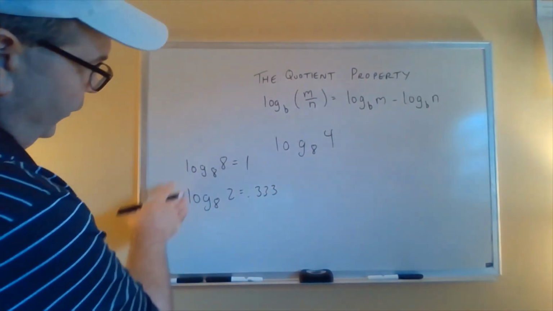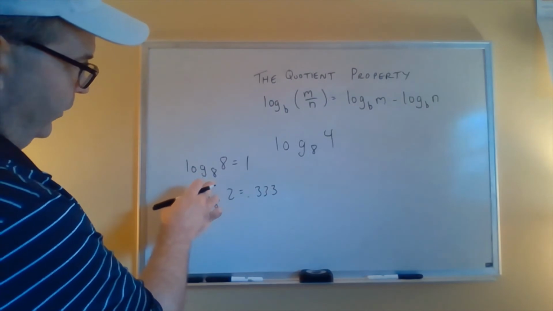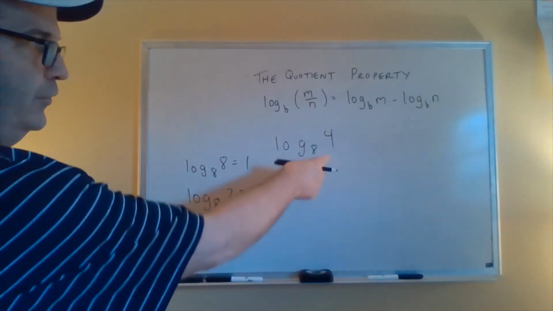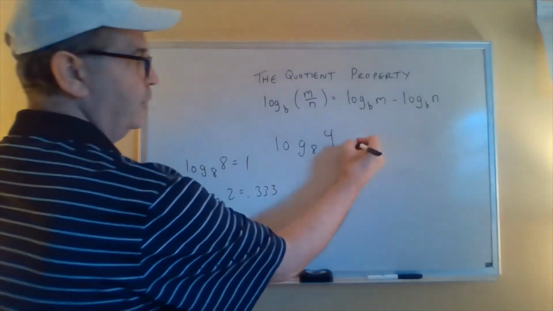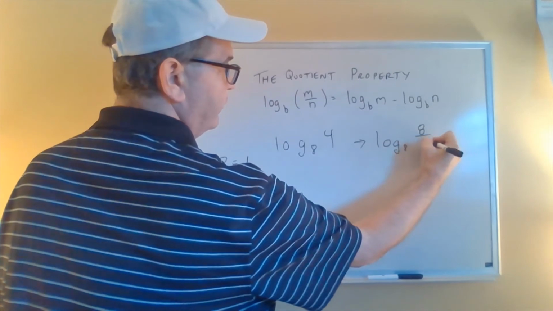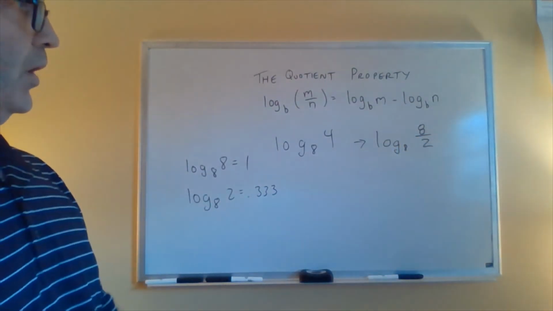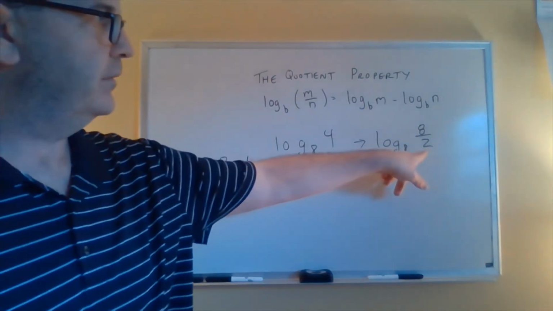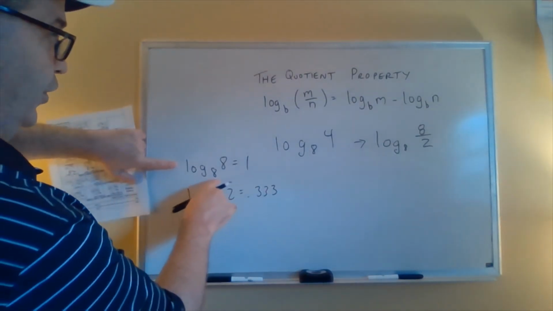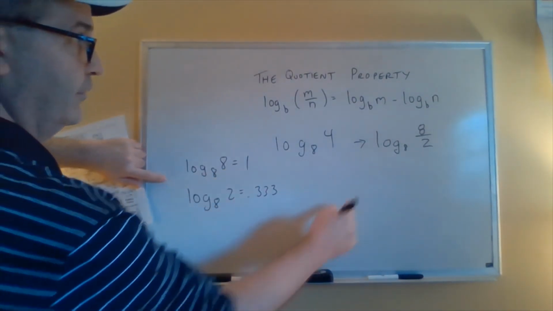If we look over here, what the problem's given us is the log base 8 of 8 and the log base 8 of 2. Well, 8 divided by 2 is 4, isn't it? So we could rewrite this as log base 8 of 8 divided by 2. We haven't changed the problem, we just rewrote the 4 as 8 divided by 2. And now again, we're in business because we know what the log base 8 of 8 is and the log base 8 of 2 is.